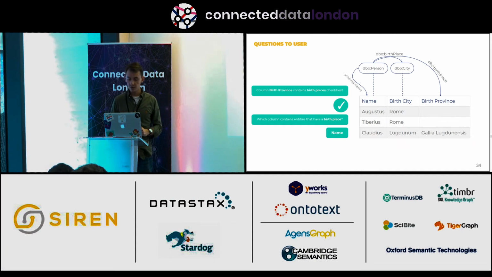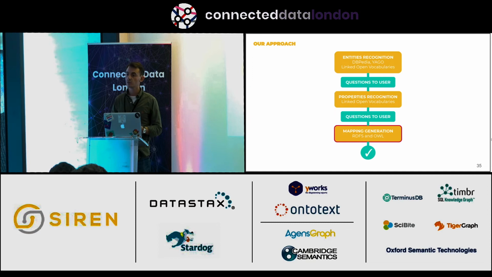So by using RDFS rules, we can infer automatically that birth province will contain entities of type place. It's because the range of the DBO birthplace property is entities of class place.